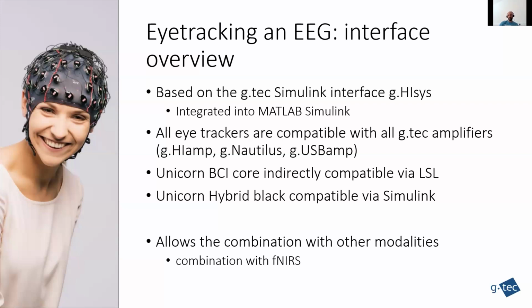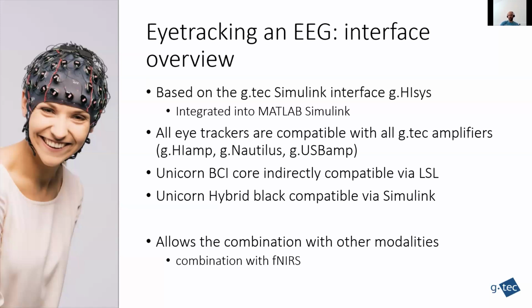The interface is capable of acquiring data from all the g.tec amplifiers: the g.HIamp, the Nautilus, and the USB amp. You can also combine it with the Unicorn BCI Core indirectly via an LSL stream, which I think was the topic of one of our earlier sessions today. The Unicorn Hybrid Black also comes with a Simulink interface, so you could potentially combine it with the eye tracking interface.